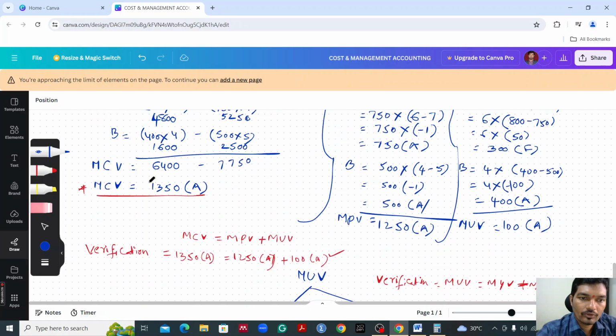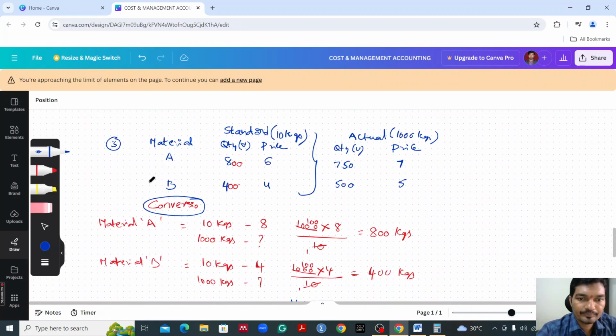So let us go back to this table. To find out the revised value, what is the ratio of material price?